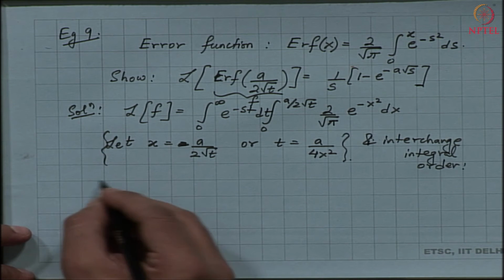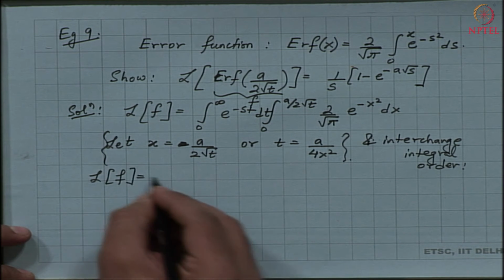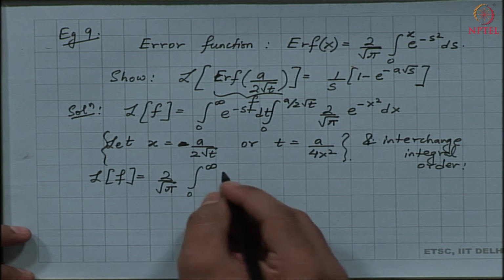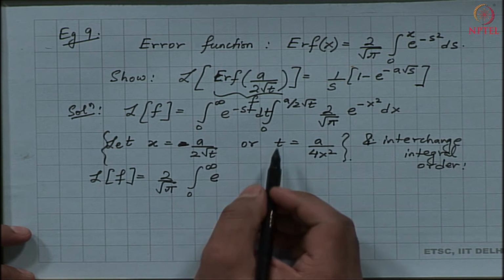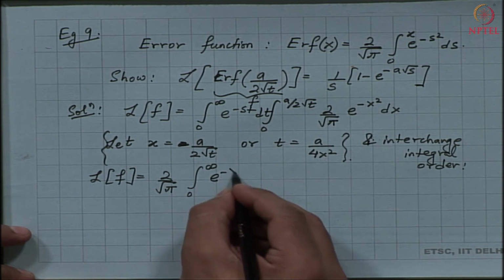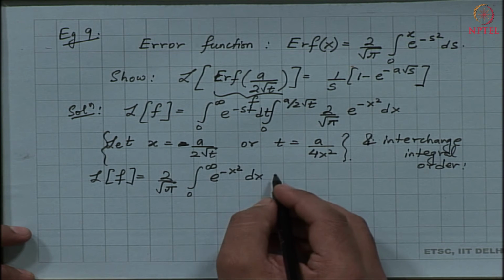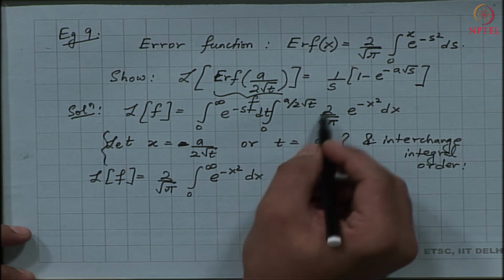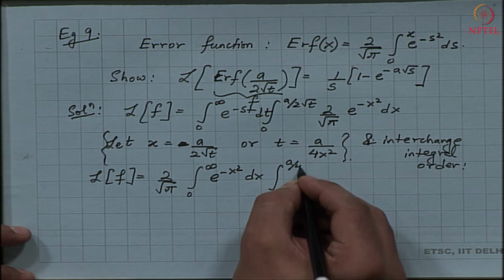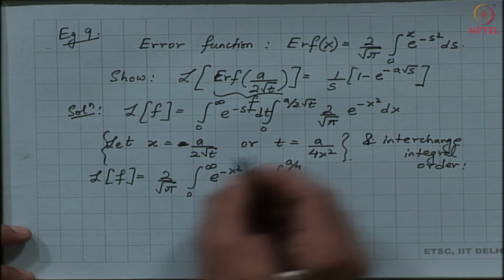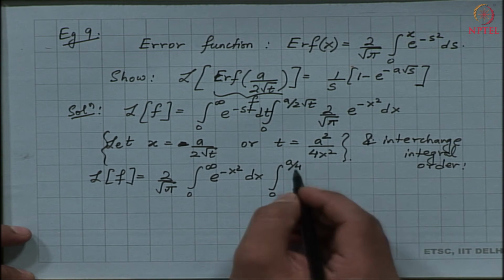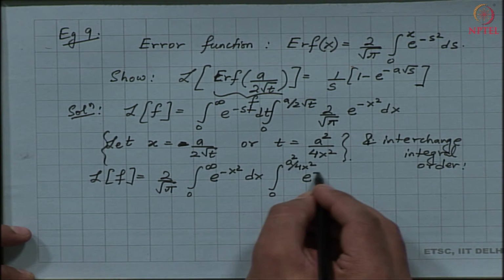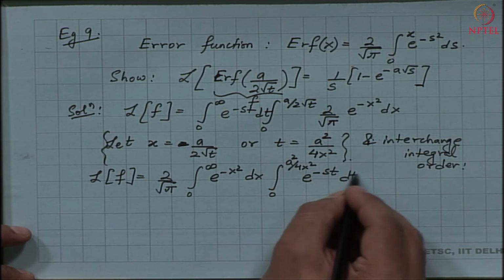So, when we do that, I get my Laplace transform of f equals 2 by square root pi times the integral from 0 to infinity of e to the power minus x square dx, notice that this factor is the same, but the other one is from 0 to a square by 4 x square, since t is a square by 4 x square, and inside the integrand is e to the power negative s t dt.